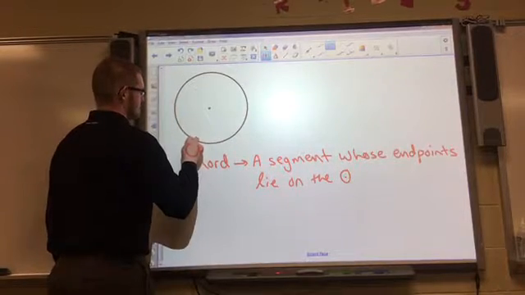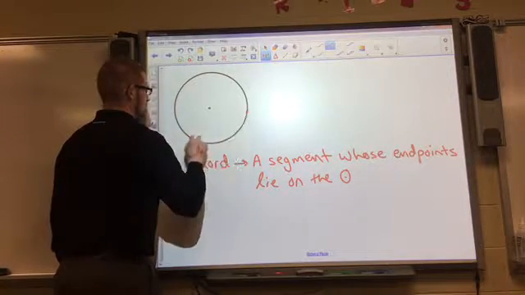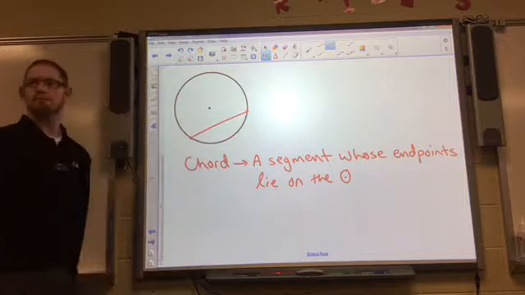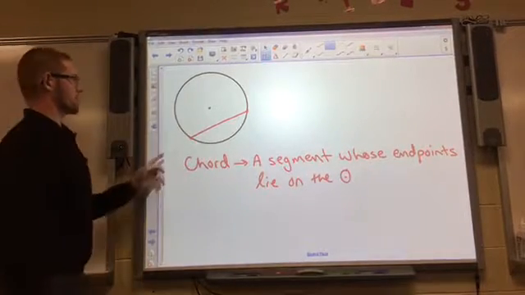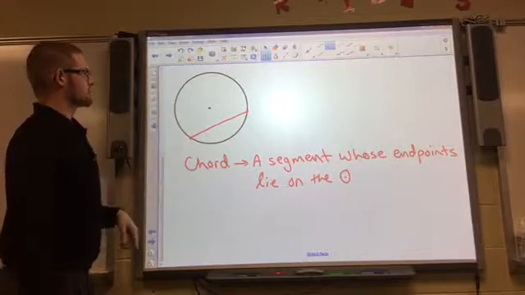So, is this a chord? Yeah, that's a chord. Does it matter where on the circle it is? No, as long as both endpoints are on the circle, it doesn't matter where exactly it would be.